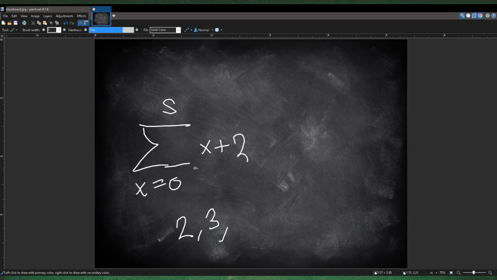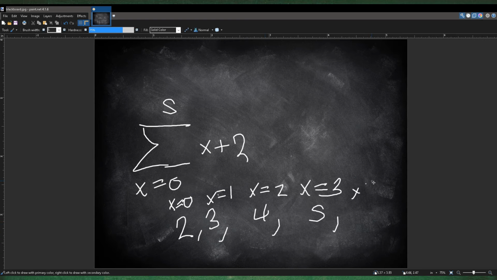This is when x is equal to 0 and x is equal to 1. So we need to find x equal to 2. When x is equal to 2, this is 4. When x is equal to 3, it's 5. When x is equal to 4, it's 6.